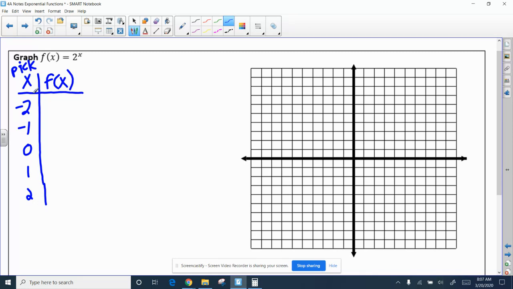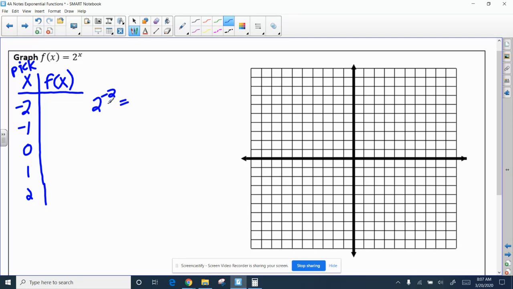So then if those are my x values or my inputs, to find my f of x values, I plug those in. So I'm going to plug in the -2 into this function, 2 to the x power. So 2 to the -2 power. Hopefully we remember from yesterday and our previous problems, if we have a negative exponent, this is a fraction.